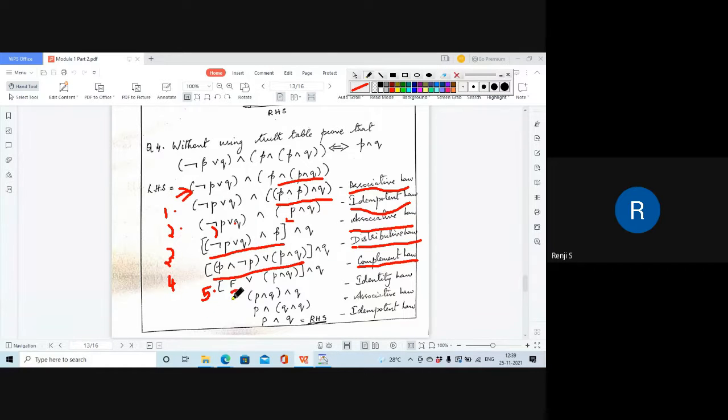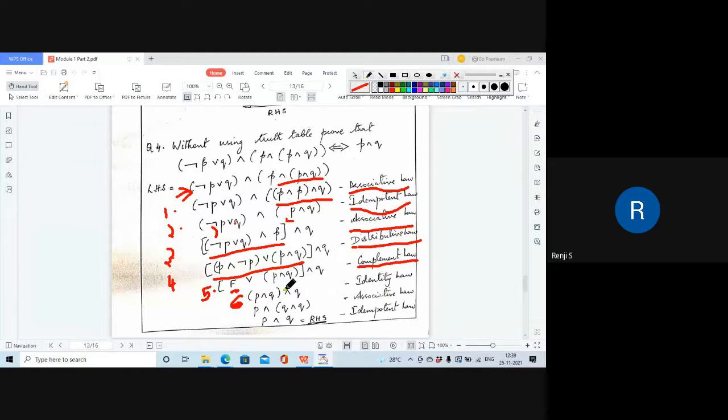Okay. Now, the next step, step 6. How will you solve step 6? You have to go to step 5 and solve. P or F? What is P or F? What is the formula for P or F?